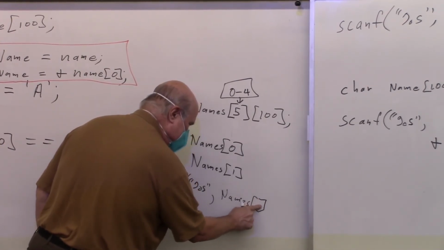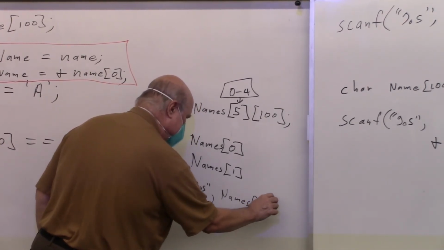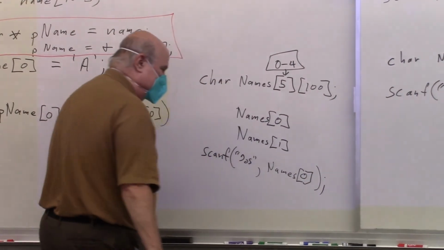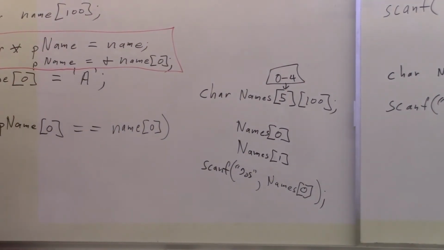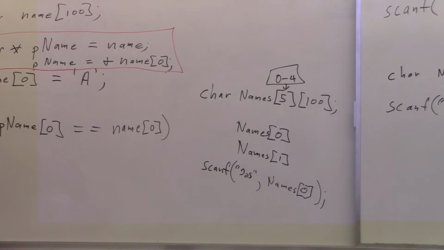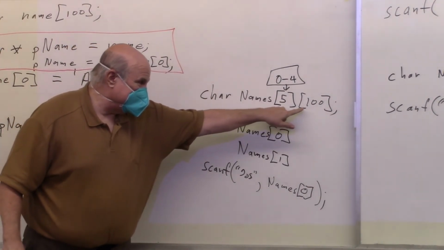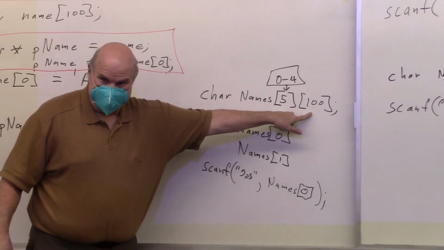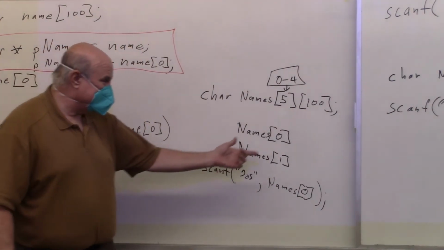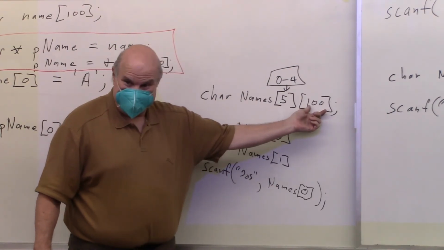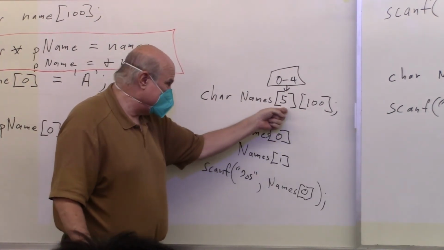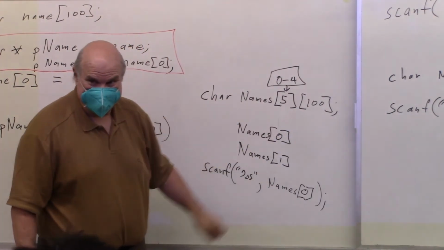Names sub 5 is not valid, let's use names sub 0. That's valid. That would read a string into the first index of names of 5, 100. Because the data is actually going into the 100 bytes that's associated with index 0 of that array.